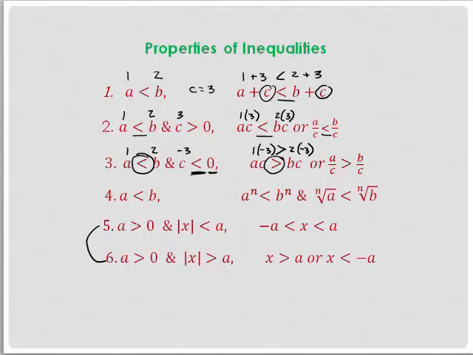If a is greater than 0, so this is a positive number, 6. Okay, that means x will be between 6.